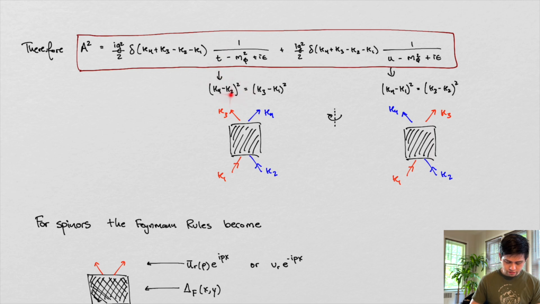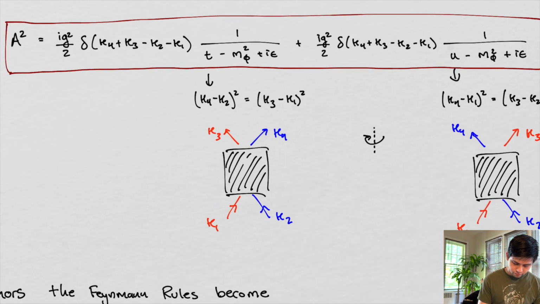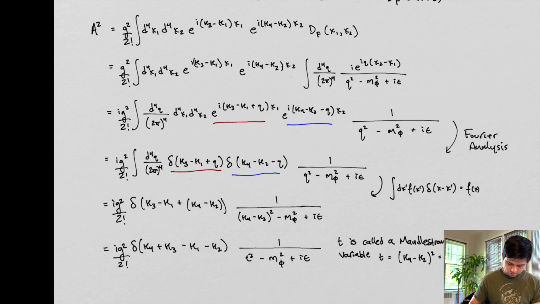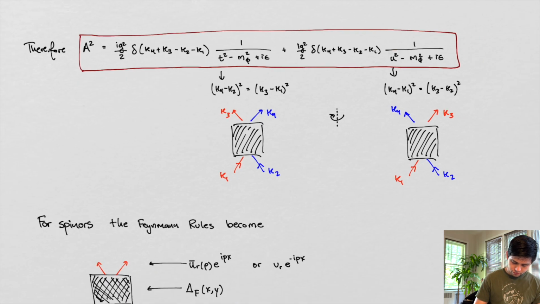t again, this is our Mandelstam variable, u is a Mandelstam variable. Each term, this is kind of interesting, each term, and these should be squared actually. We could think of this as K4 and K2, and here's K3 and K1.